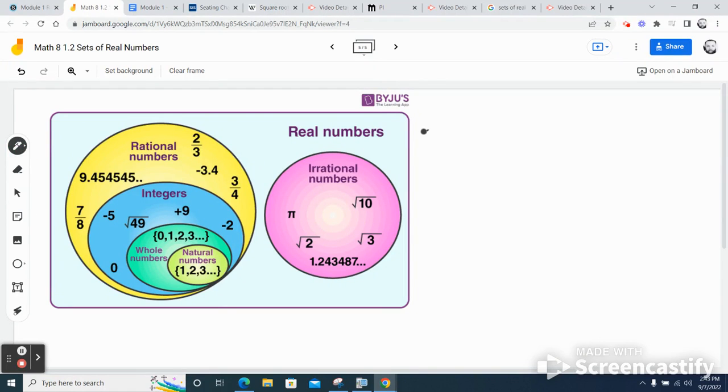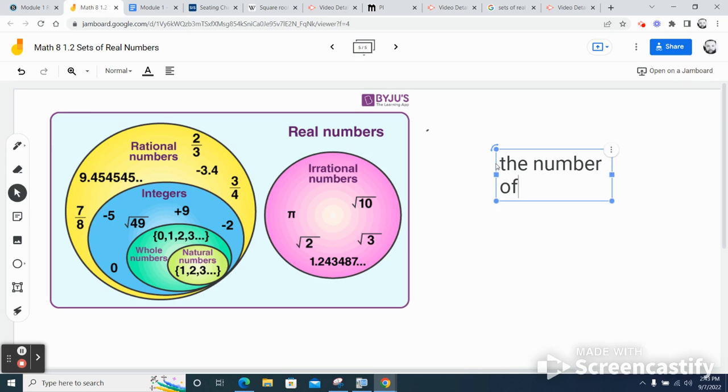So for example 3, we just want to figure out what type of number this is. So let me give you a scenario.